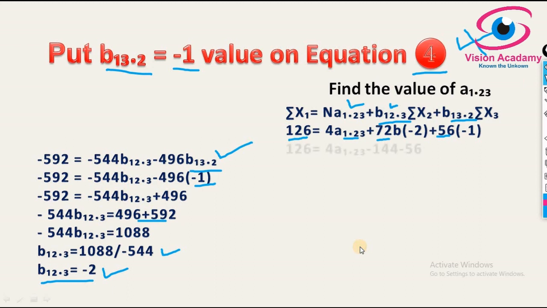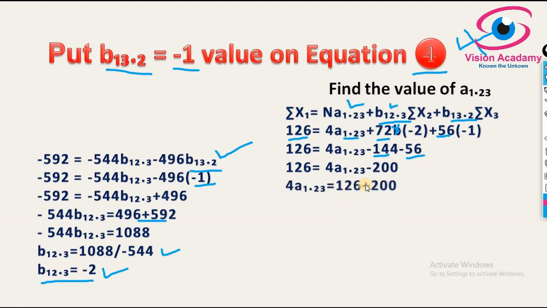So 72 into minus 2, which is minus 144, 56 into minus 1, which is minus 56. Now I will add the minus values. So minus 144 minus 56 is minus 200. So now I can go for the next simplification. I will take 4A1.23 outside.